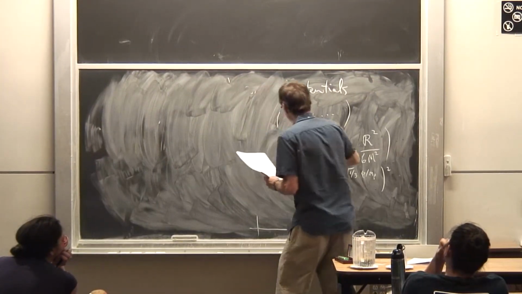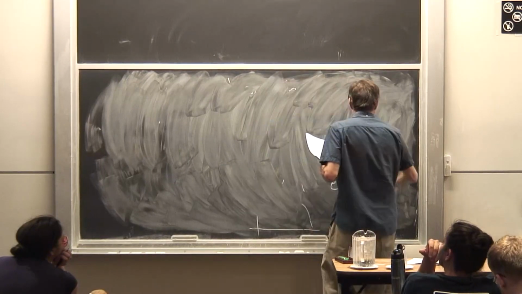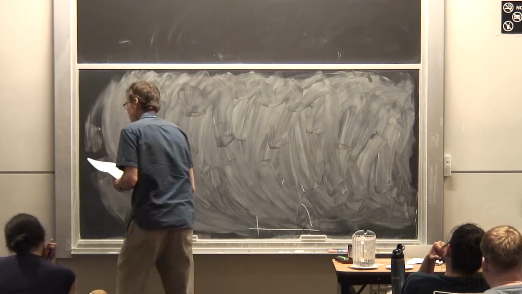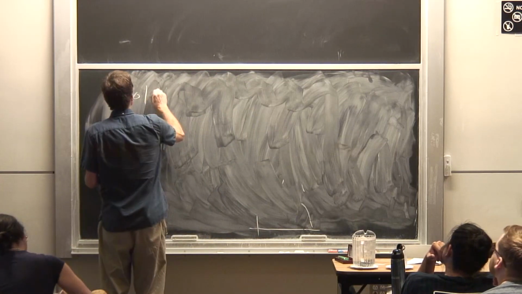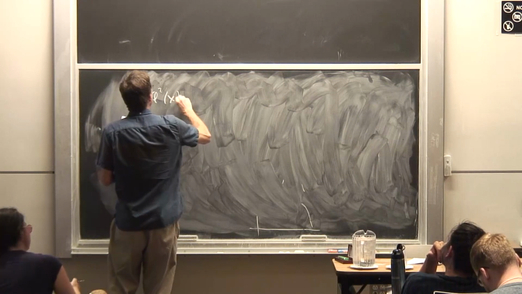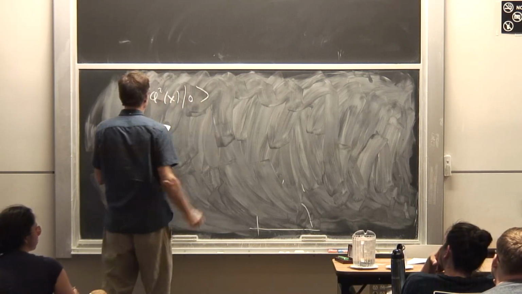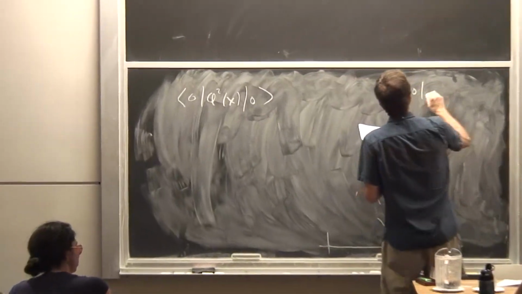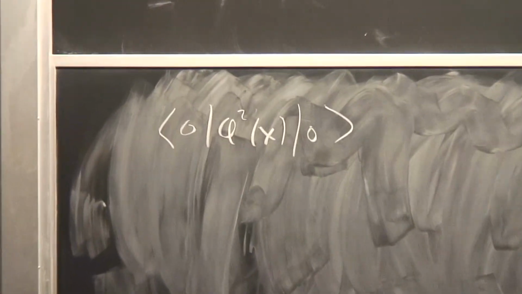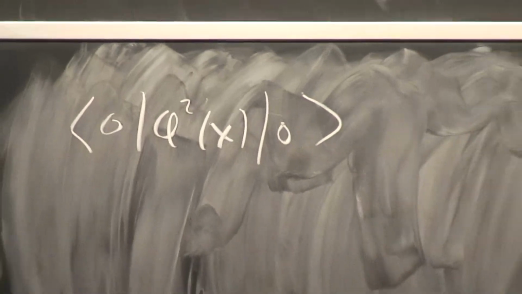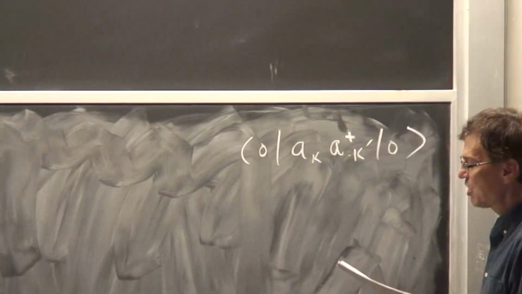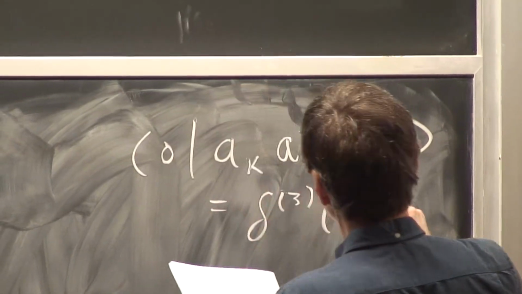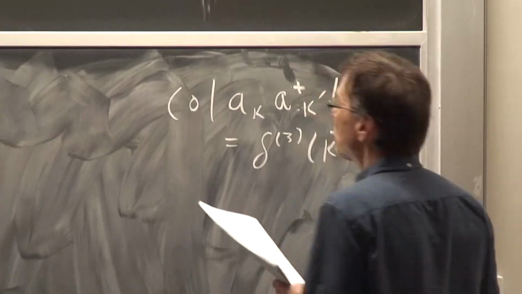So now we're interested in the fluctuations of this field. The mean squared fluctuations of the field at a given point, and we can use the usual fact that the vacuum expectation of a_k a_k' dagger is a three-dimensional delta function of k minus k'.